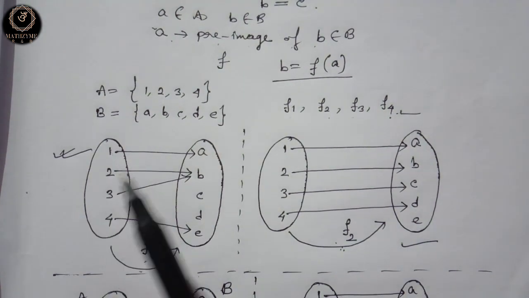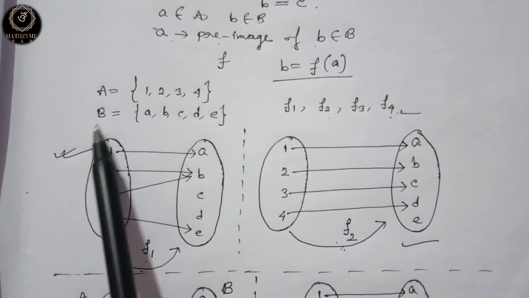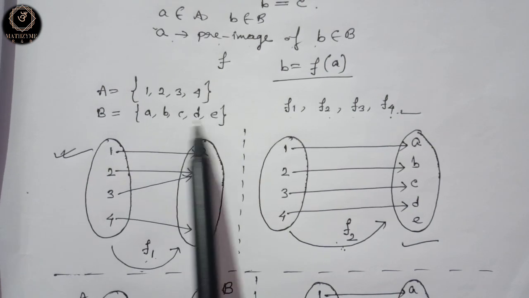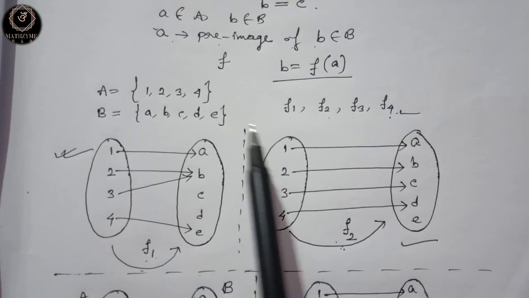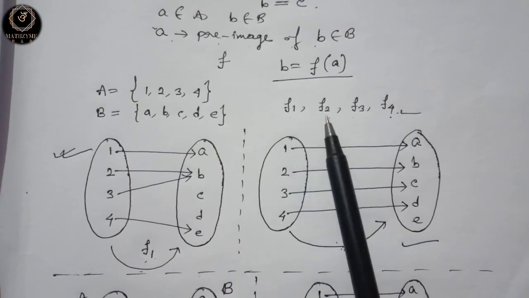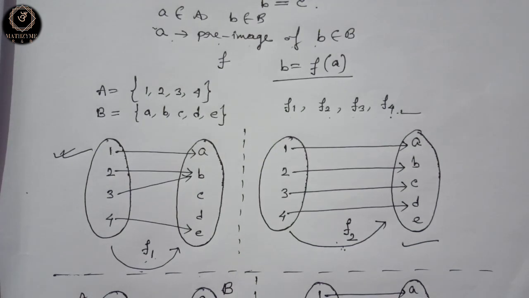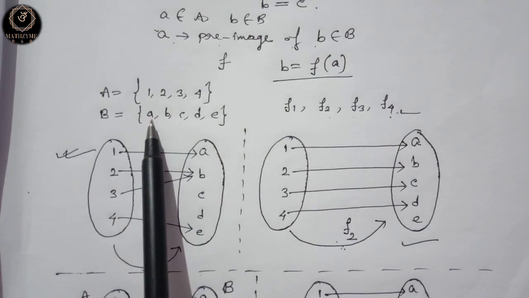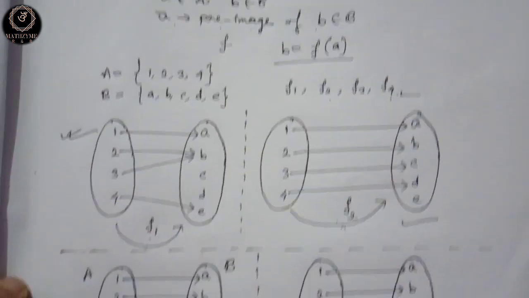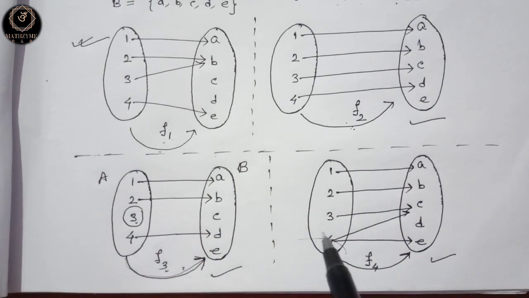Let us take an example. A equals {1, 2, 3, 4} and B equals {a, b, c, d, e}. Here A and B are two non-empty sets. Suppose f1, f2, f3 and f4 be the rules which associate to each element of set A an element of B, as shown in these four figures.